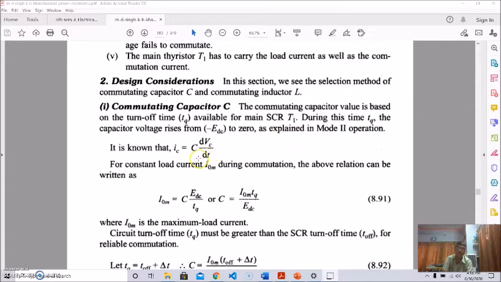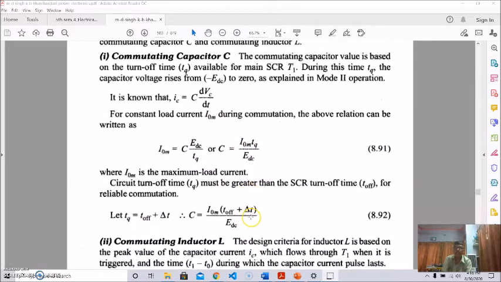It is known that IC, the capacitor current, is C dVC/dt, where VC is the capacitor voltage, and for the maximum load current IOM during computations, the representation can be written as IOM equal to C EDC by TQ, or C equal to IOM TQ by EDC. Here IOM is the maximum load current, and the circuit turn-off time TQ must be greater than the SCR turn-off time for reliable commutation.